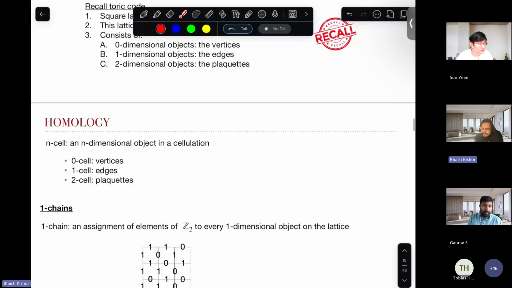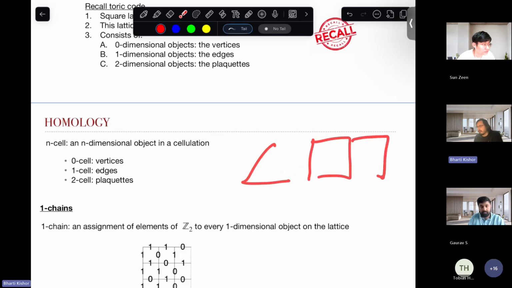So in homology, let's say we can define something called an n-cell. Okay. So an n-cell is an n-dimensional object in a cellulation. So for example, in our case, we were cellulating with a square, right?